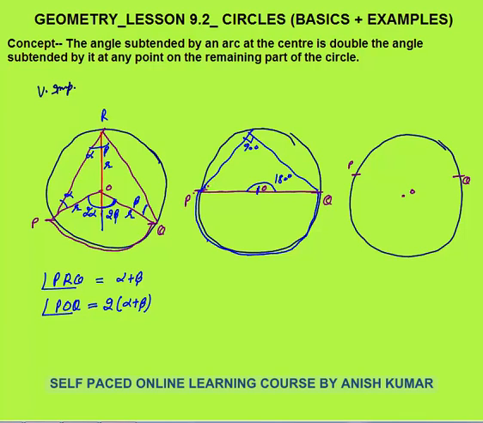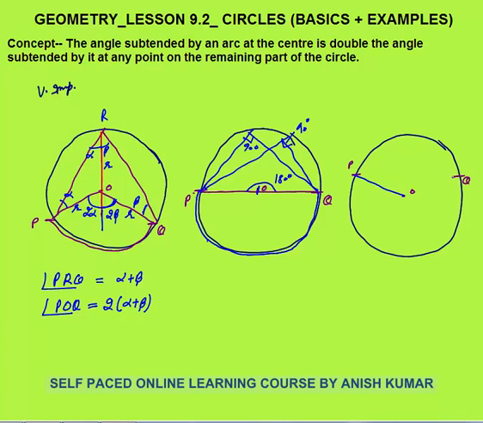In the same way you can take as many points as you want, and this angle will also be 90 degrees. So very important: the angle subtended by an arc at the center is double the angle subtended by it at any point of the remaining part of the circle. In the same way I can prove this for the PQ arc.